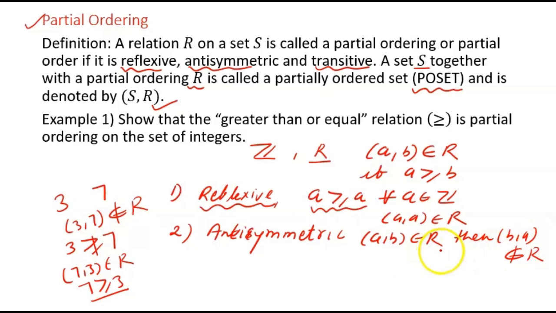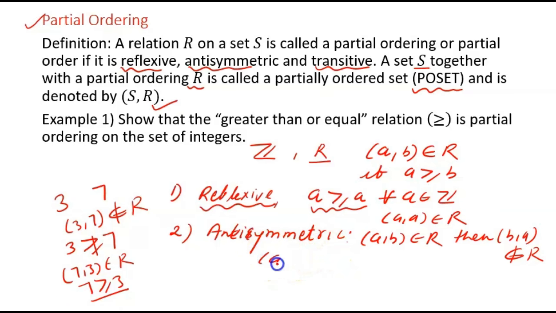Now it is important to note here that some of you might have thought about the definition of an antisymmetric relation: that if A comma B belongs to R, then B comma A should not belong to R. But they may belong in case both A and B are equal.